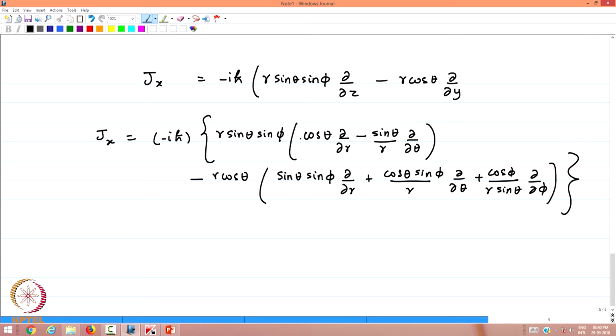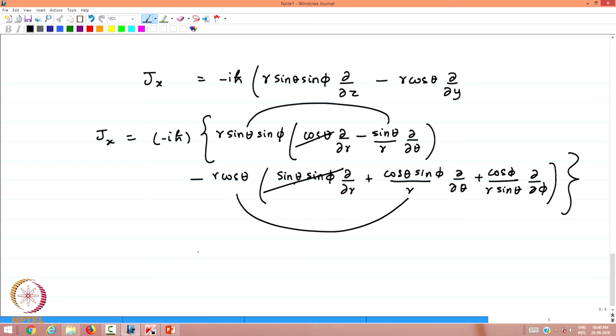You can see that the first term cancels with this one, sin θ sin φ cos θ. Therefore, these two terms disappear, and this term is sin²θ sin φ, and the r goes away. So, this is minus sin²θ ∂/∂θ times sin φ, and this term is cos²θ minus sin φ ∂/∂θ.